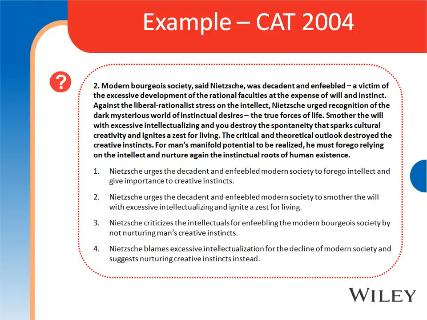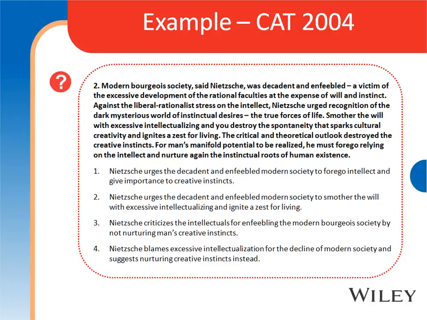So I hope you have read this. Modern bourgeois society, said Nietzsche, that's how it's pronounced surprisingly, was decadent and enfeebled, a victim of the excessive development of the rational faculties. So as you can see, right, there are a lot of big words in this paragraph. What is important is that the modern society has become feeble or weak, right?